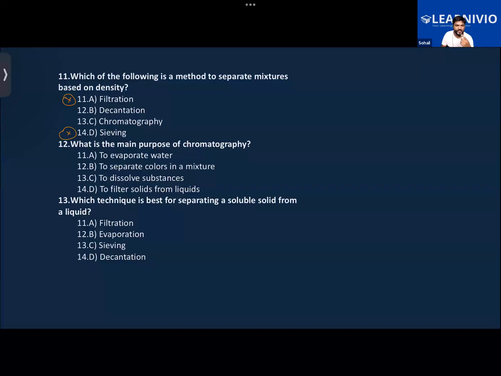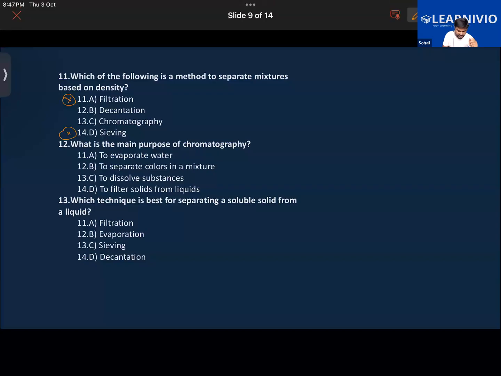I will come back to the question, but let me give the background. We have learned about centrifugation. Remember the churning of the milk? The fat molecules present in the milk are less dense, so they float above the milk.